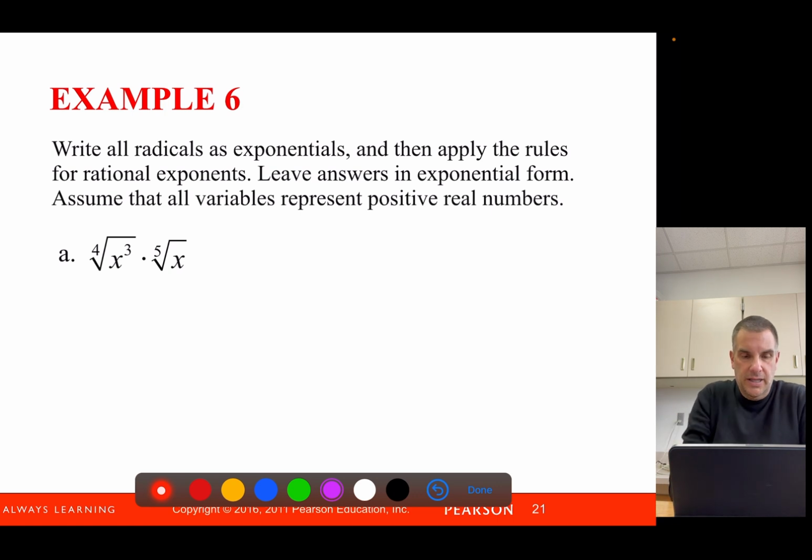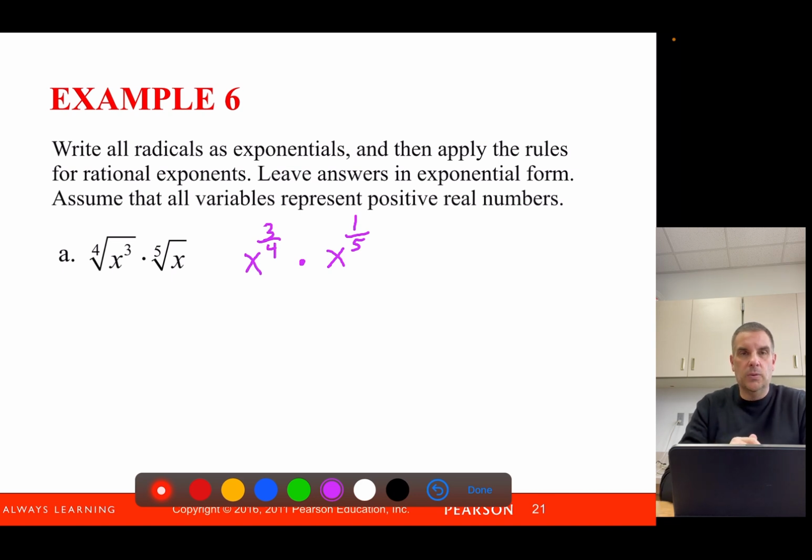So remember, when we write these, I can rewrite the 4th root of x cubed as x to the 3/4. The index goes in the denominator and the power goes in the numerator, times x to the 1/5. And it's rewriting just like we did in the last lesson.